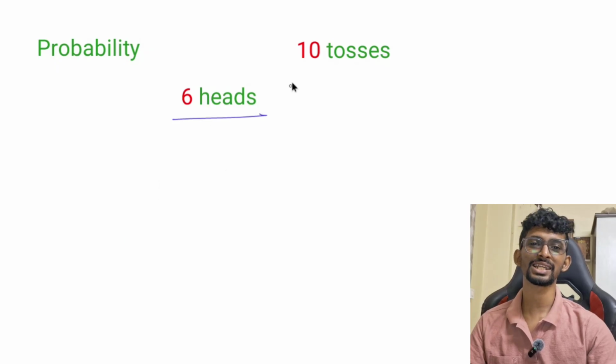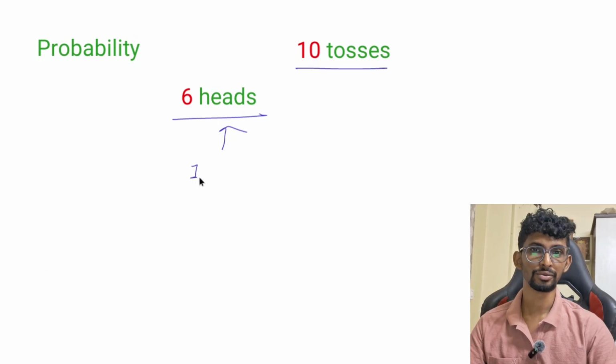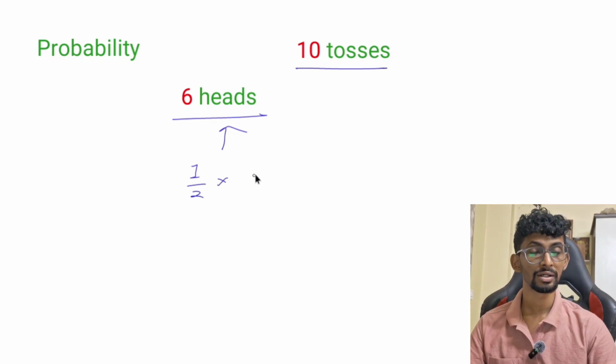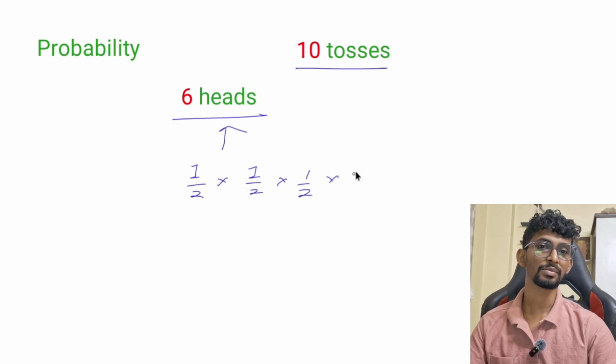Probability of getting 6 heads in 10 tosses. Out of these 10 tosses, since we want 6 heads, in each of those 6 trials the probability will be 1 by 2. So we can write it as 1 by 2 times 1 by 2 times 1 by 2 times 1 by 2 times 1 by 2 times 1 by 2, that is 6 times.